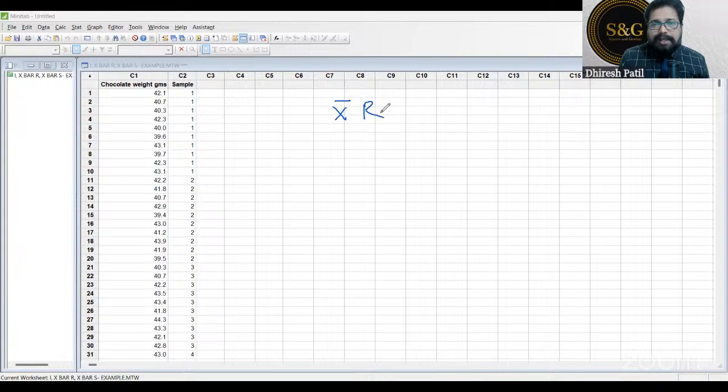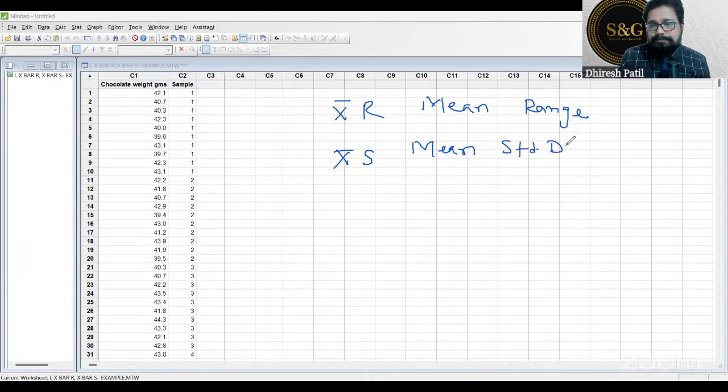R chart. X bar is nothing but the mean range chart. And there is another chart which we can use, called the X bar S chart, which is the mean standard deviation chart. S is the sample standard deviation and R is the range. X bar is the mean.